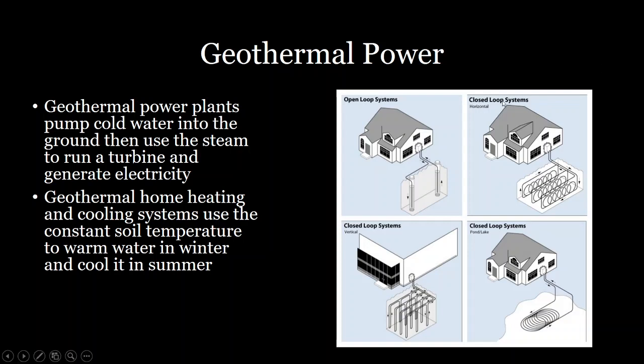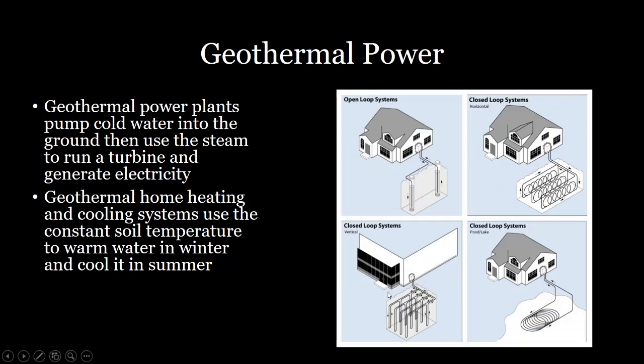And so the different types of geothermal home heating systems are: an open loop system, where you're just pumping water into the ground and then having a second well where you're pumping water out. You can have a closed loop system. There's two different types. There's a vertical closed loop system where you're putting in coils vertically into the ground, and then water is pumped continuously through those coils, and then used to heat or cool your home.